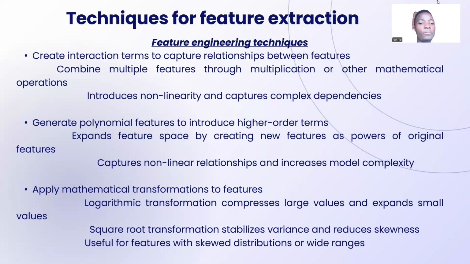Then the polynomial features introduce higher order terms. It will expand the feature space by creating new features as powers of original features, capture nonlinear relationships, and increase model complexity.